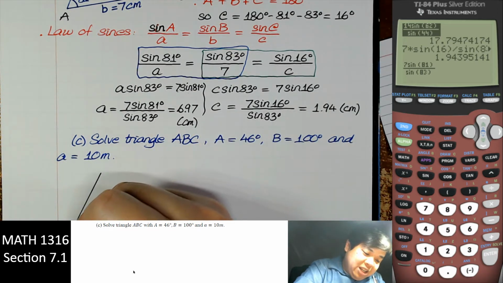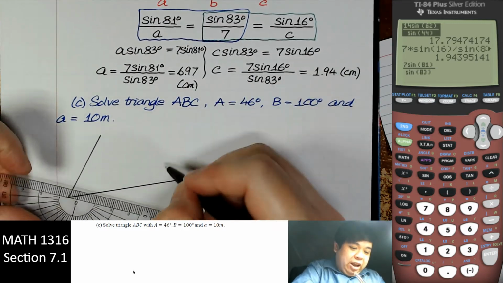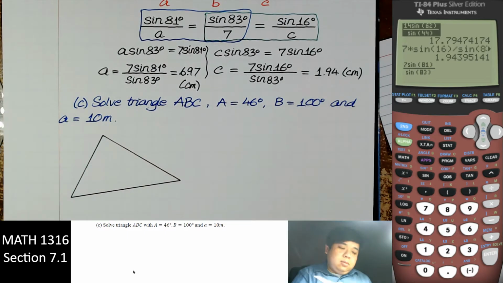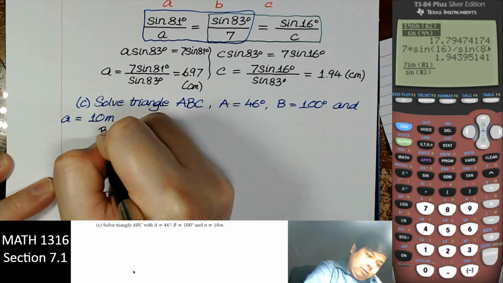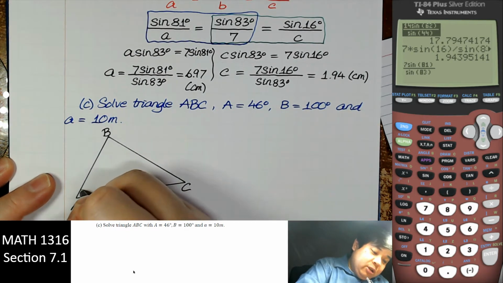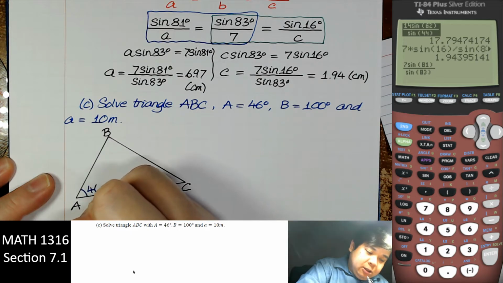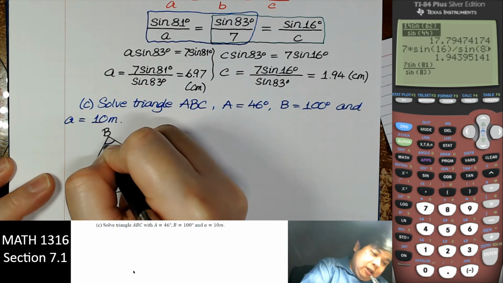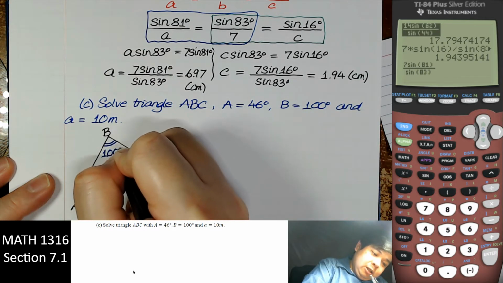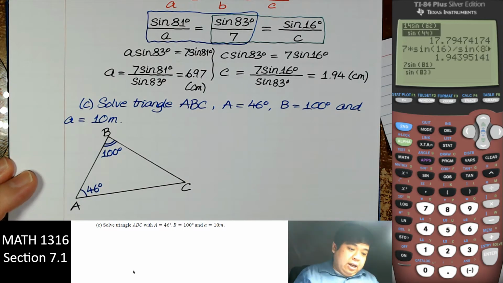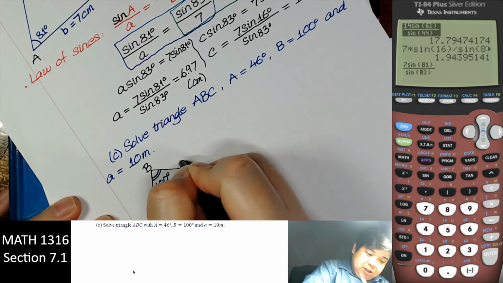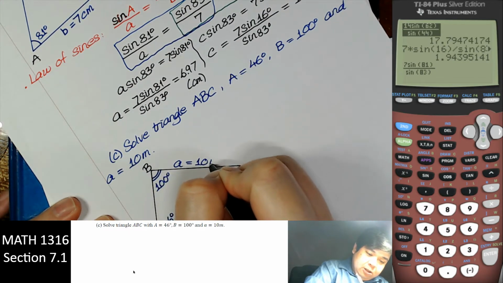I don't need to draw an exact triangle. Just draw something so we can visualize. Right. So what we are given? Angle A, 46 degrees. Angle B, 100 degrees. And then little a. The little a is opposite from the big A. 10 meters.